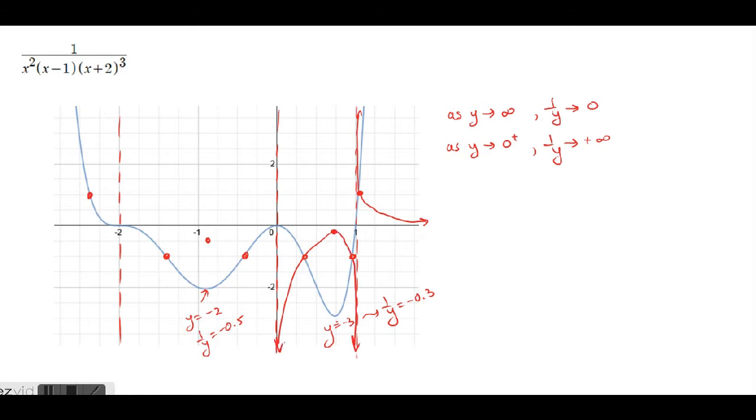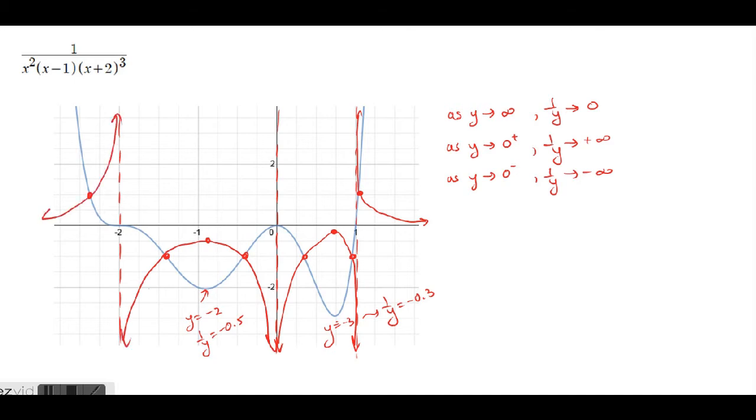In terms of this notation, you could also think about it as y goes to 0 from the negative side, 1 over y will tend to negative infinity. So this portion of the blue graph goes to 0 from the negative side, and the reciprocal will go to negative infinity there. And this will also be the same, and on this side, the same as well.